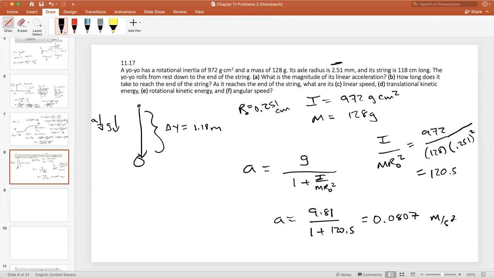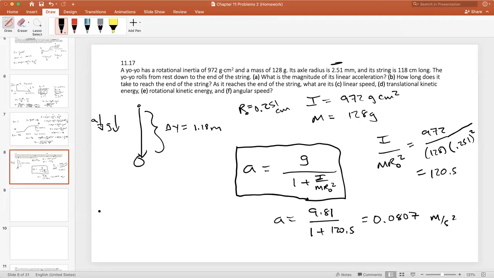Okay, that is actually part A. It's simply plug and chug. If you go back through the lecture notes on how we obtain this, you can figure out how we got A using torque and using Newton's equations. However, in the yo-yo problems, it is just this.